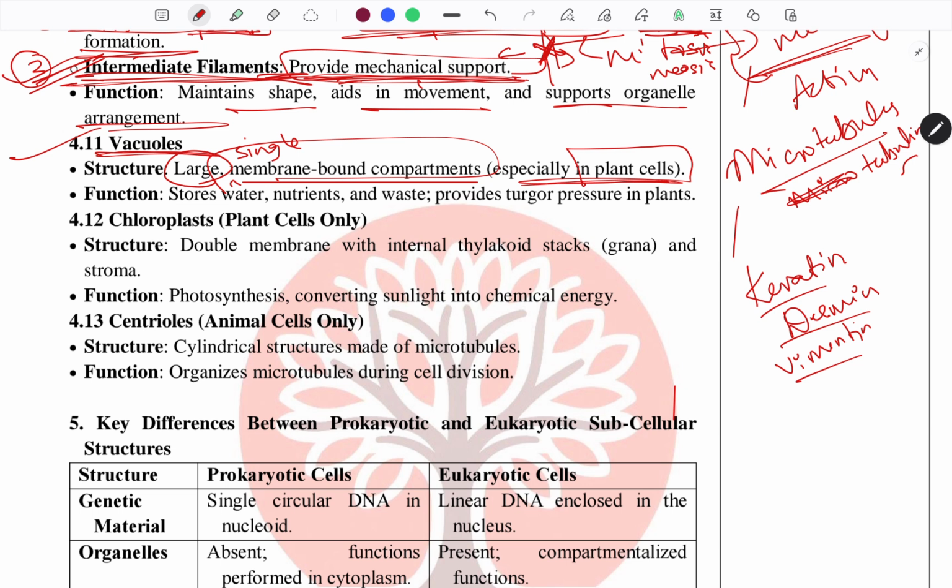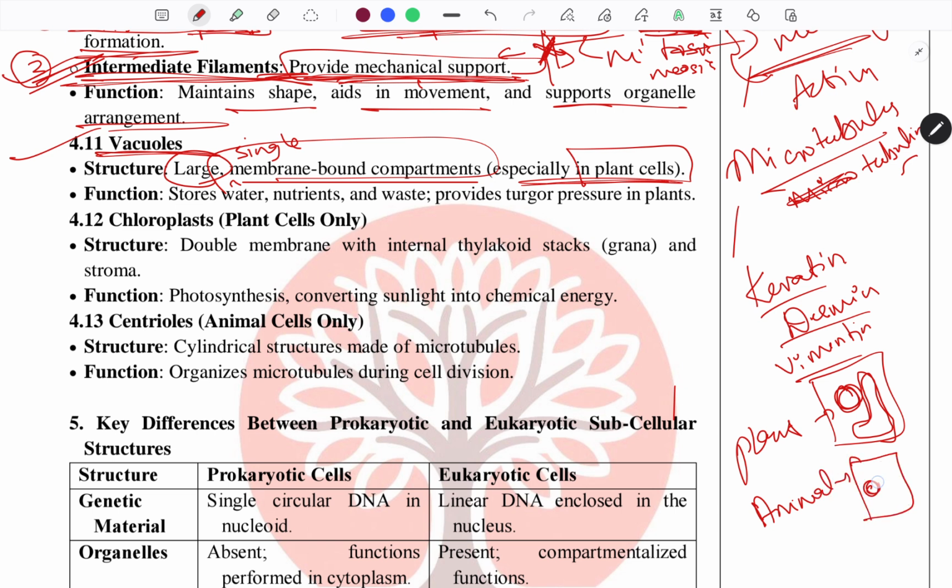If you are observing a plant cell under a microscope, the main two organelles you observe are the nucleus and a large vacuole. But in an animal cell, you will observe the nucleus as usual, but you will not be able to observe the vacuoles because they are very small.